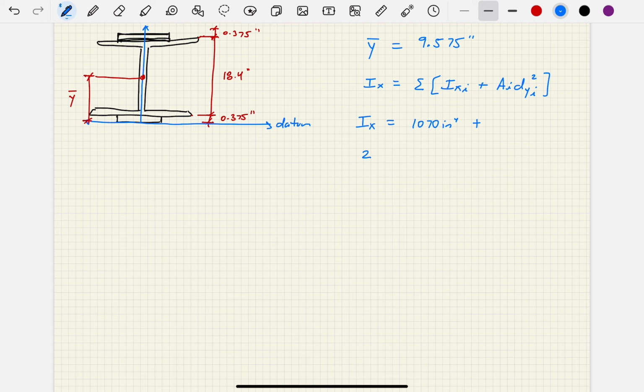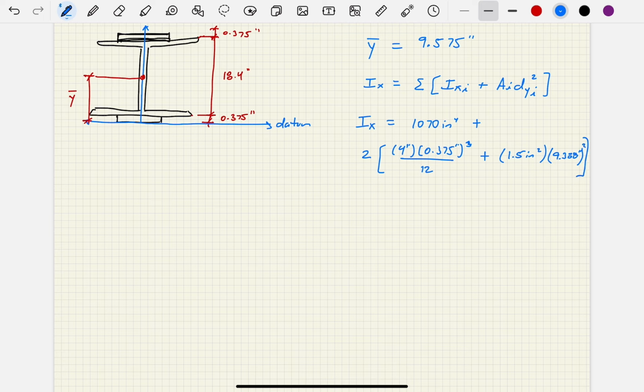I'm going to say 2 times BH cubed over 12, so that's 4 inches times 0.375 inches cubed over 12, plus AD squared for each of the plates. So the area of each plate is 1.5 square inches, and then that D sub Y value is 9.388 inches, and we're squaring that value, okay?